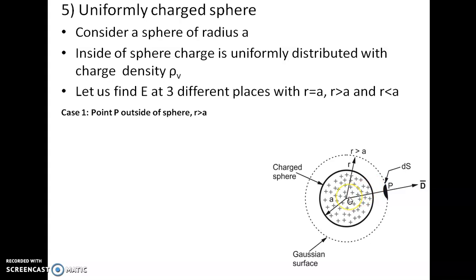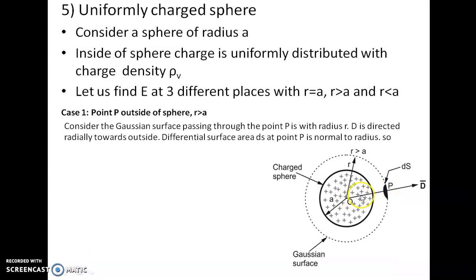Similarly, the electric flux density is also in the direction of the radius. So D is given by Dr into ar cap, because it is along the radius. So Dr is the radial component into ar cap.